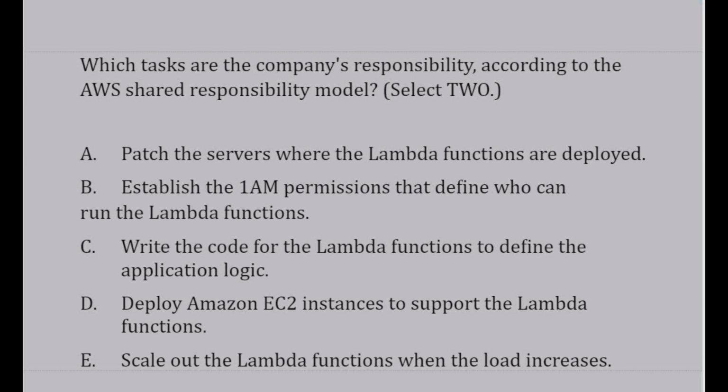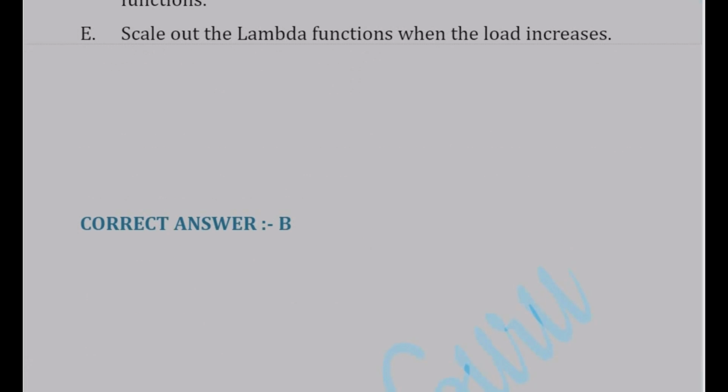Option B, establish the IAM permissions that define who can run the Lambda functions. Option C, write the code for the Lambda functions to define the application logic. Option D, deploy Amazon EC2 instances to support the Lambda functions. Option E, scale out the Lambda functions when the load increases. Correct answer is option B.